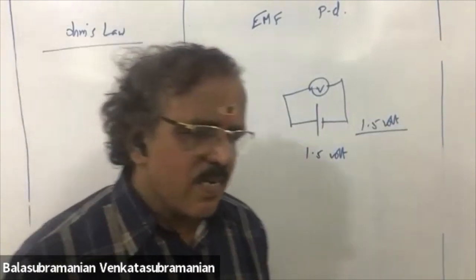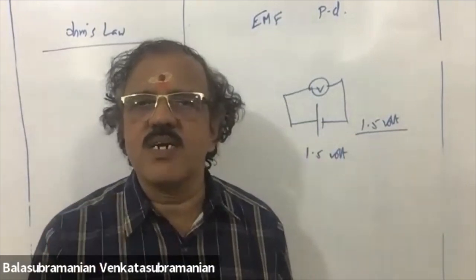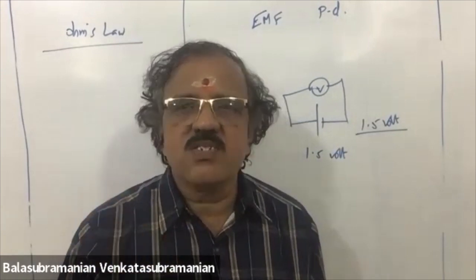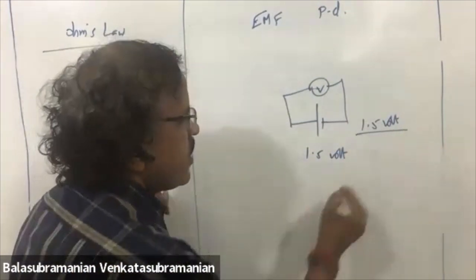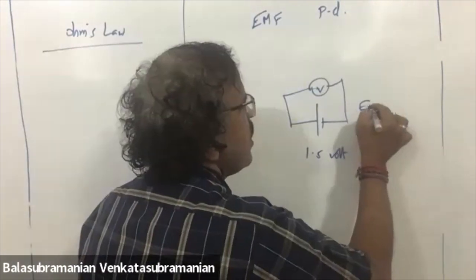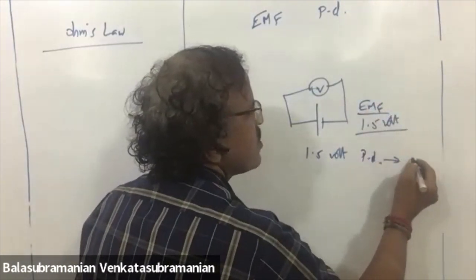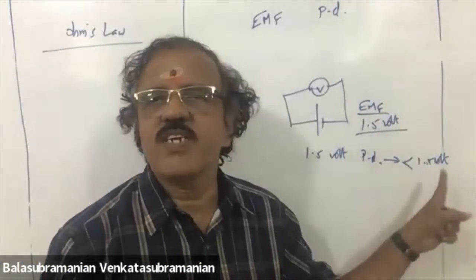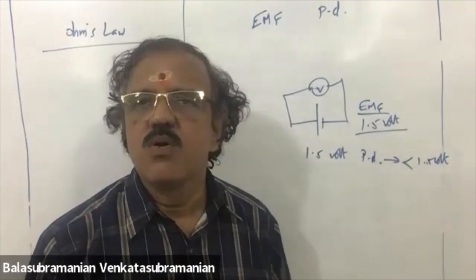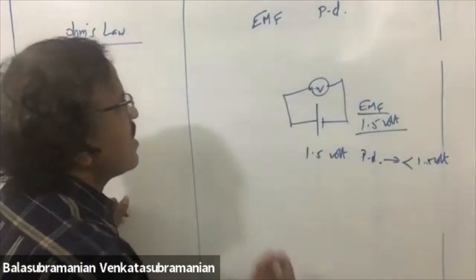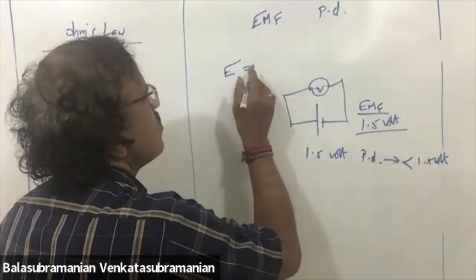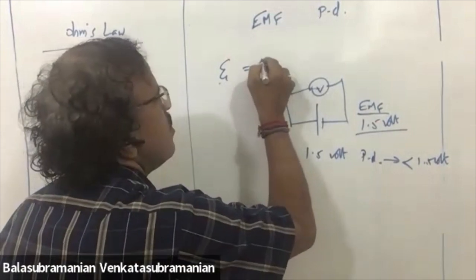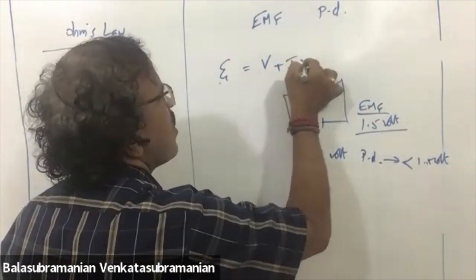But except for the freshly prepared cell at that moment, at any other time it has some internal resistance. So the potential difference is always less than the EMF of 1.5, because of internal resistance: 1.4, 1.3. Generally we write E, or psi, is equal to V plus Ir.